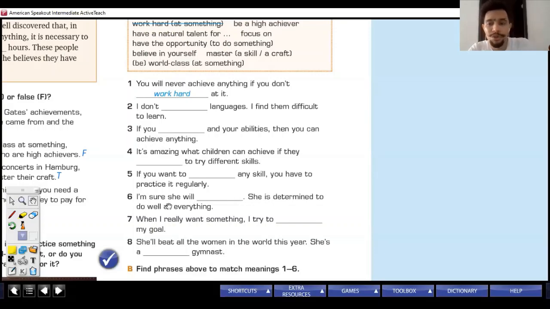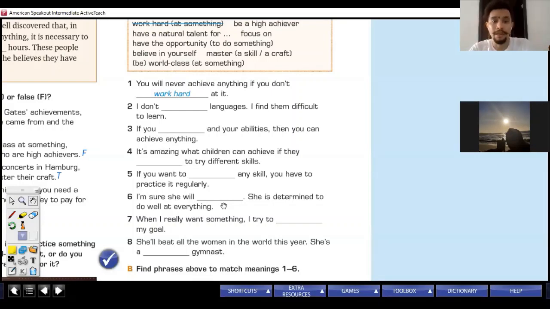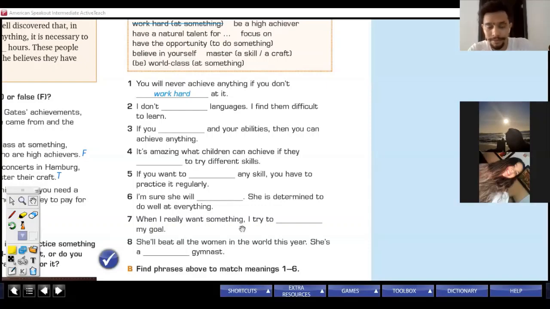So I'm sure she will be a high achiever. All right, achiever. Great. I'm sure she will be a high achiever. She's determined to do well at everything. Good, Mr. Gillis. Number 7. When I really want something, I try to focus on my goal. Focus on my goal. Great.